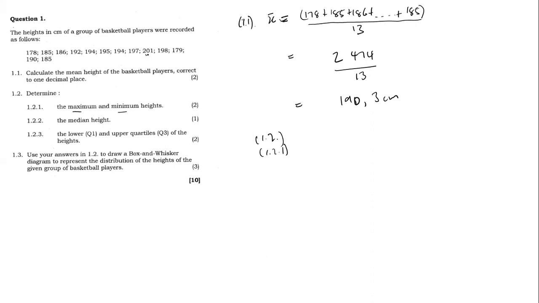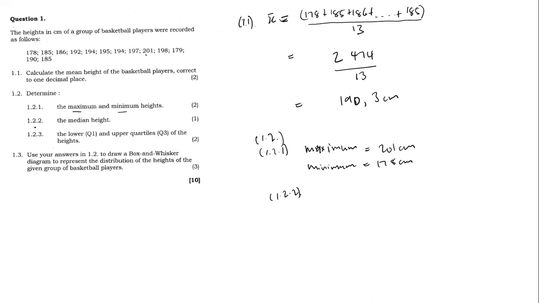My maximum value is 201 centimeters. And then my minimum value in this case is 178 centimeters. Therefore, that will be 1.2.1.